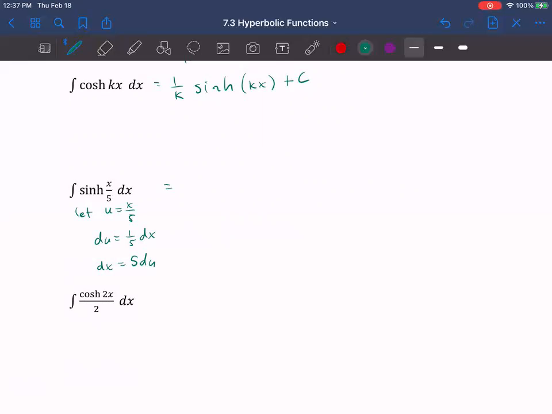So this is... And what's that integral become?